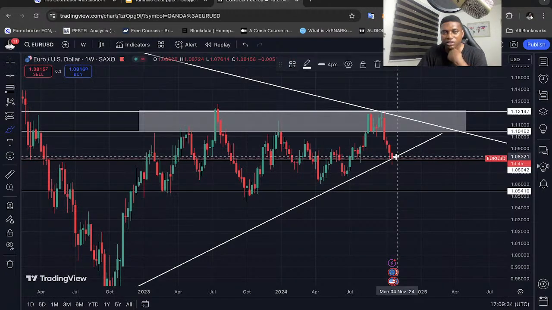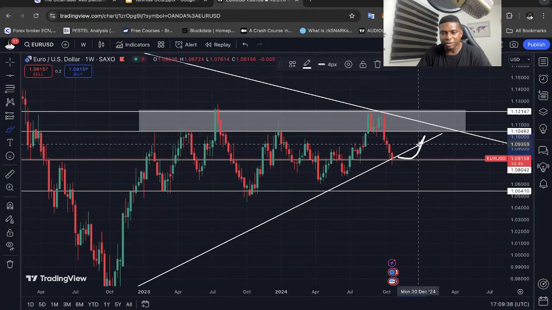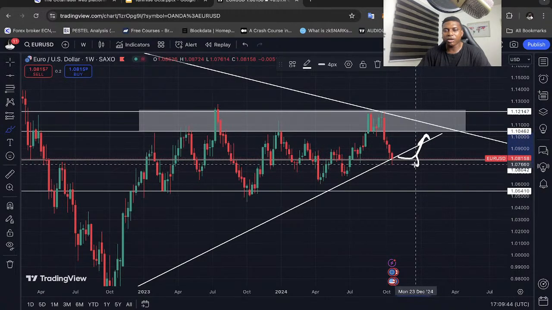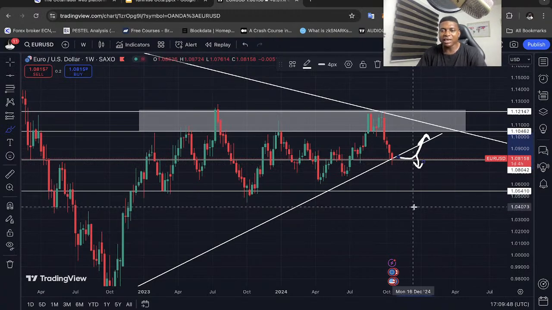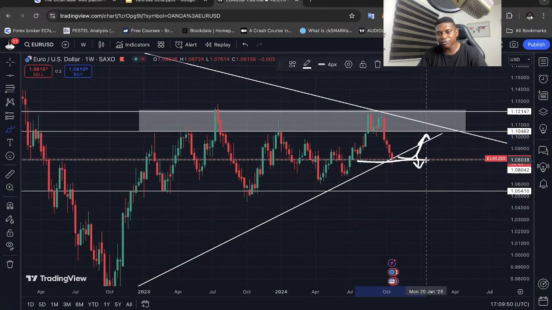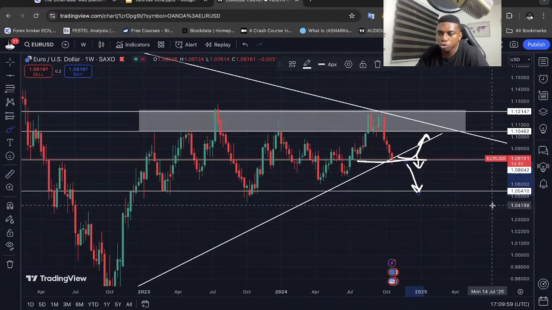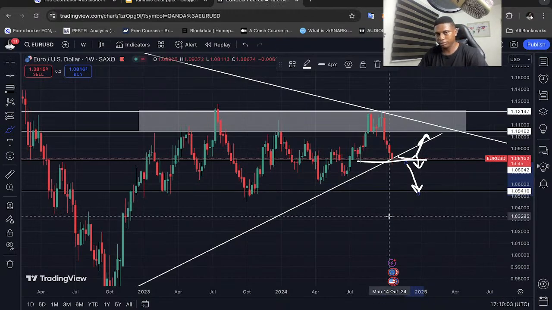If price consistently rallies here, then there are two things: either a push up, or a continuous drop in price. And once price finally breaks out of this support zone, we would see price coming down to touch the next 1.05410.